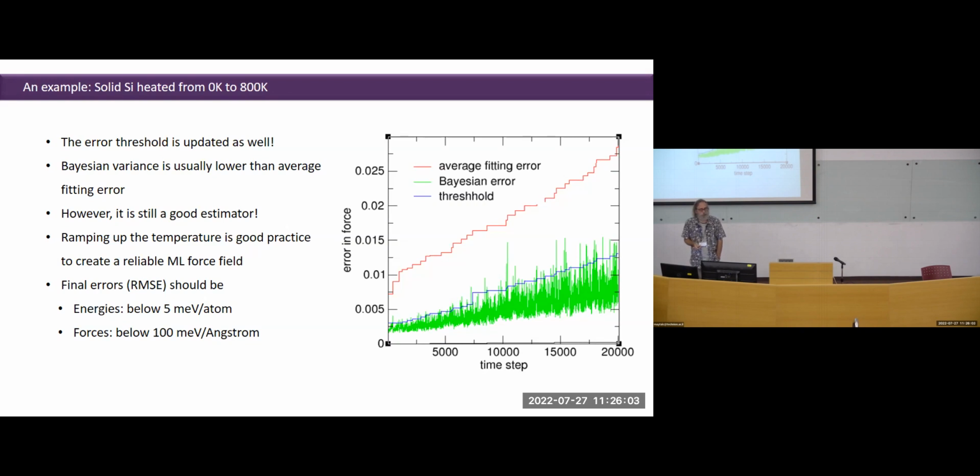But of course, if you would want to do phonon calculations with that, then you would need more accurate forces. So it will depend on what one plans to do with it. So yeah, like I said, the Bayesian variance is usually lower than the average fitting error, but it still remains a good estimator. So that is why we can use it.